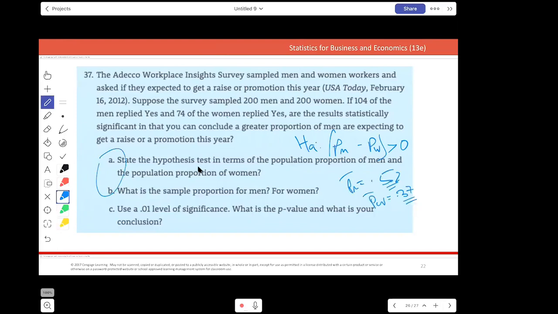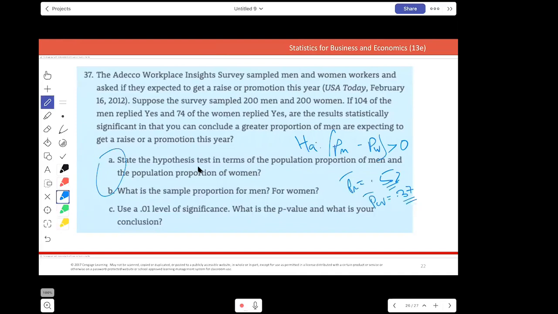Then to do the hypothesis test, you would simply need to frame the hypotheses. The null hypothesis says that either they get the same or that women get a higher percentage. But HA, our alternate hypothesis, our research hypothesis, would state that the proportion for men would be larger than the proportion for women. And then the level of significance is 1%.